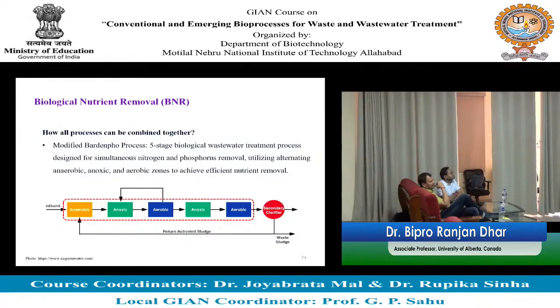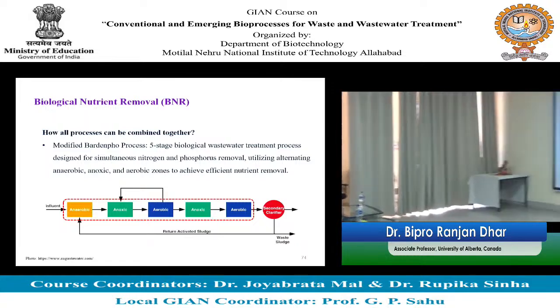Secondary sludge goes to the anaerobic tank, RAS, return. When it's shown like this, it's showing a single tank. Okay, a single tank with different zones.